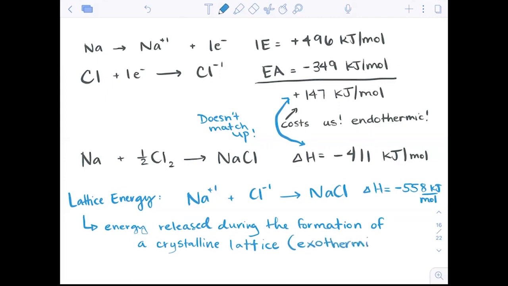Now, some textbooks will write lattice energy as a positive value because they are understood to be big and they're understood to be negative. And I see merit in making it a positive value so that we can say a larger lattice energy and not think a larger negative number. I'll keep it as a negative number and just make sure that we identify.